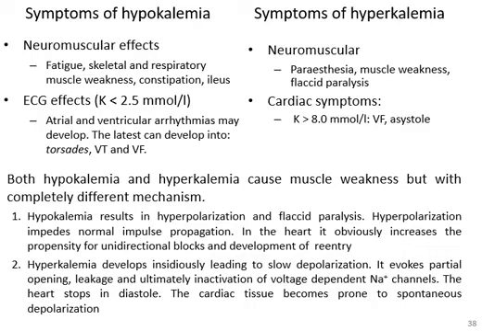In those instances, depolarization will lead to muscle weakness, because this sort of partial depolarization will lead to leakage and ultimately inactivation of voltage-dependent sodium channels. And therefore, the heart will stop in diastole. And the cardiac tissue becomes much more prone to spontaneous depolarization.